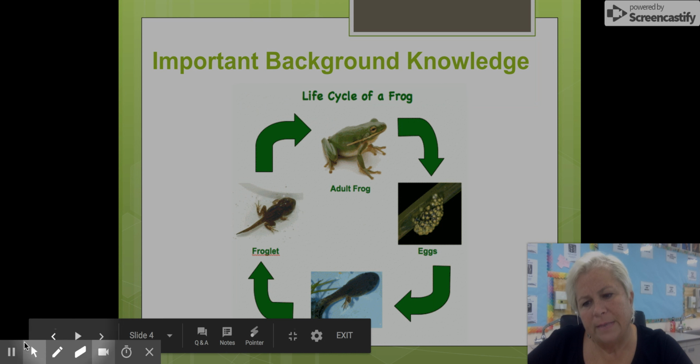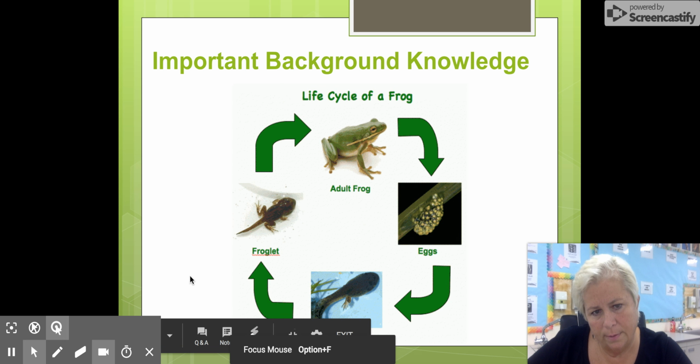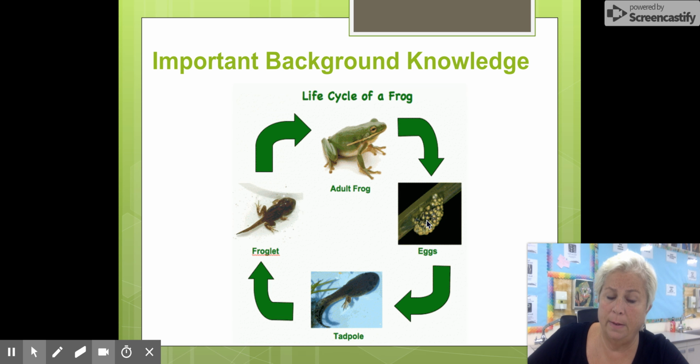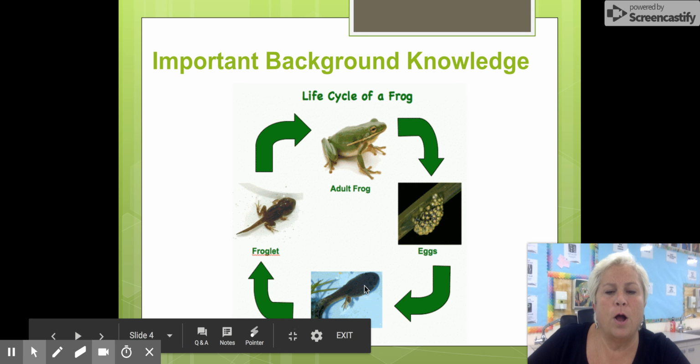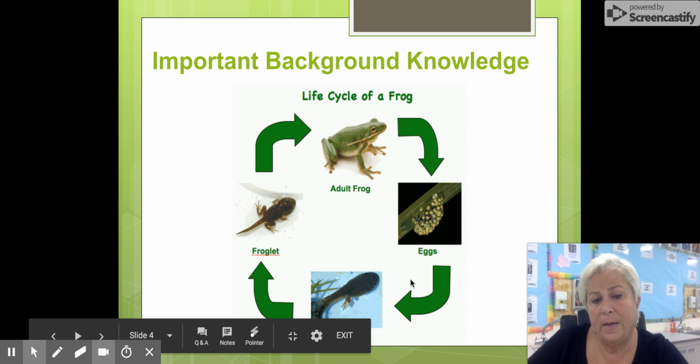So the scientists can make the assumption that the deformity is happening somewhere between the egg and the tadpole stage, because that's when those legs are actually developing. That's when the frog body is starting to develop. So they can make a pretty good assumption. It's a pretty strong assumption to say that those deformities are happening between this stage and this stage.